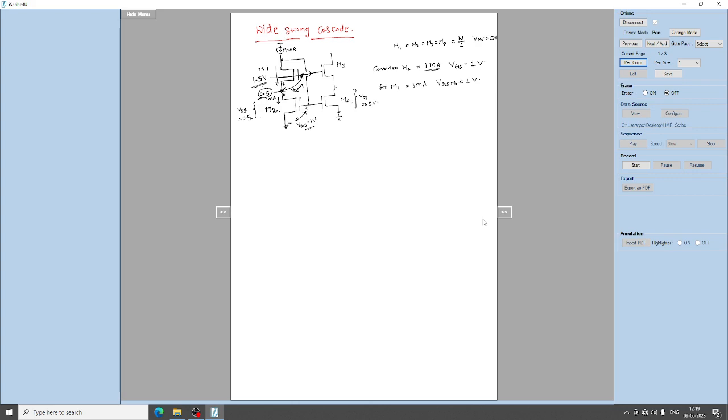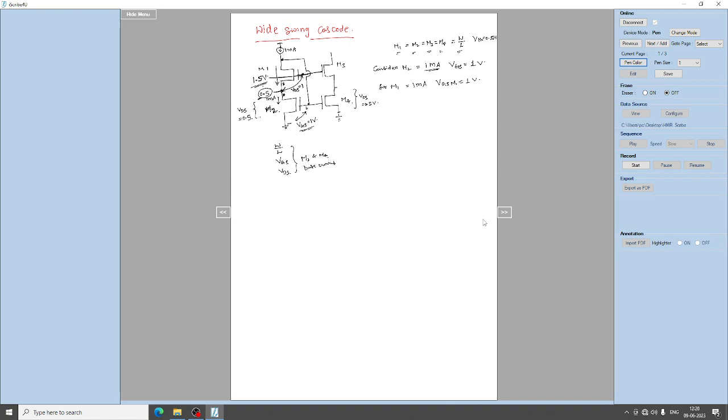Since M2 and M4 have their gates shorted, the VGS of both will be equal to 1 volt, and as per our initial assumption all the transistors have the same W by L. So M2 and M4 will act as a base current mirror again, satisfying all three conditions: W by L are the same, VGS are the same, and VDS is also the same for M2 and M4, the base current mirror.